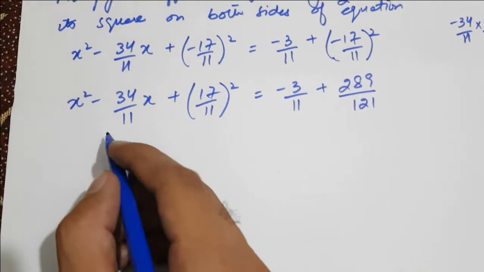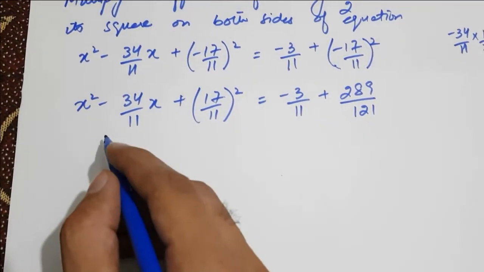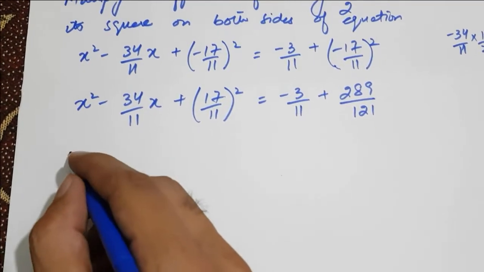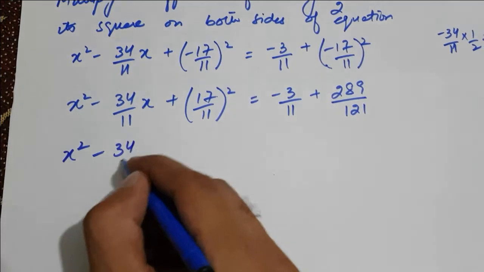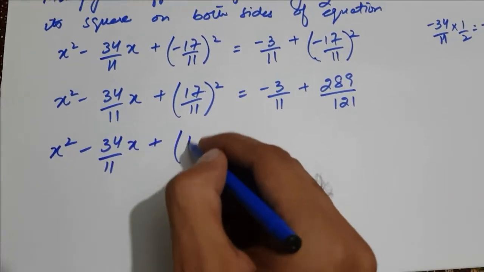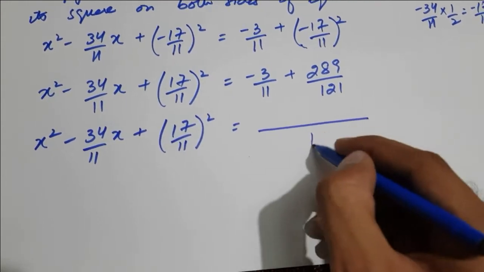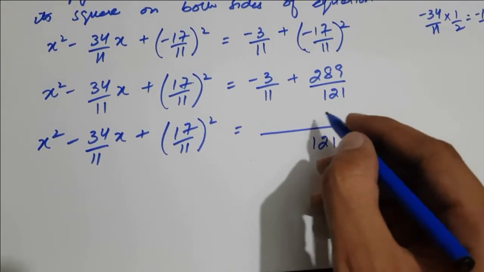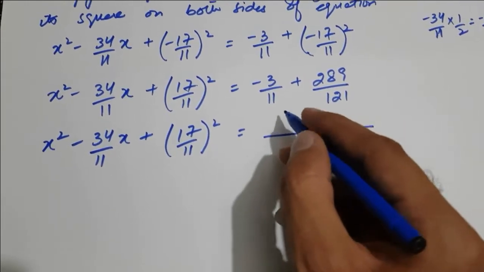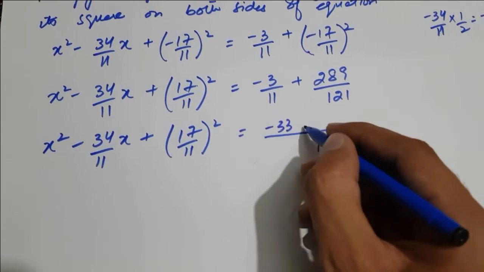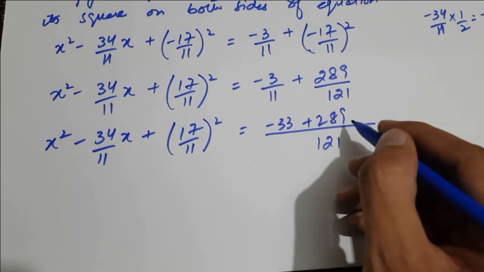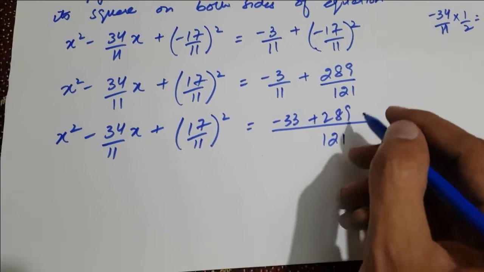So on the left hand side we can write it as x squared minus 34 over 11x plus 17 over 11 whole square. Here by taking LCM we get 121, and we get, since 11 times 3, we get minus 33 plus 289 over 121.